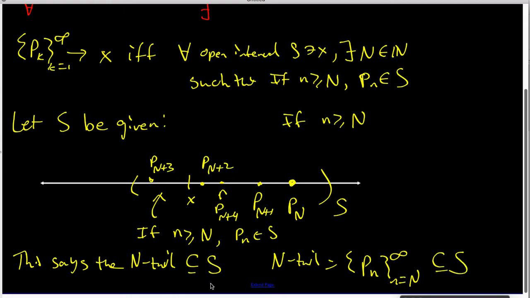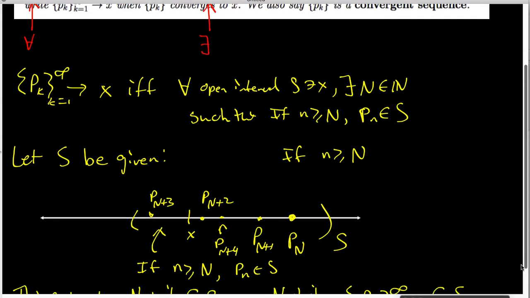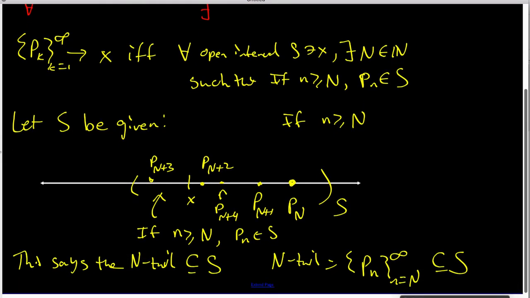Now, the point of the universal quantifier, so I want to go back up here. The purpose of this quantifier is that no matter what S I pick, I can still find some tail that will belong to it. And I want to write that down in English on the next page.